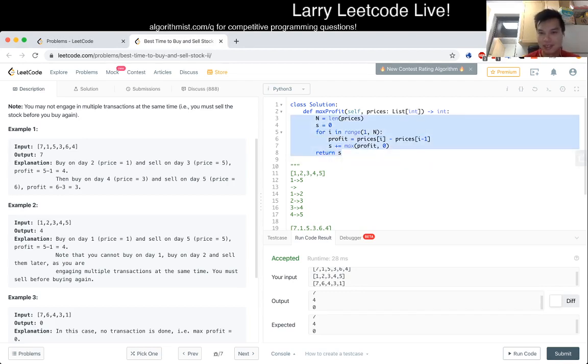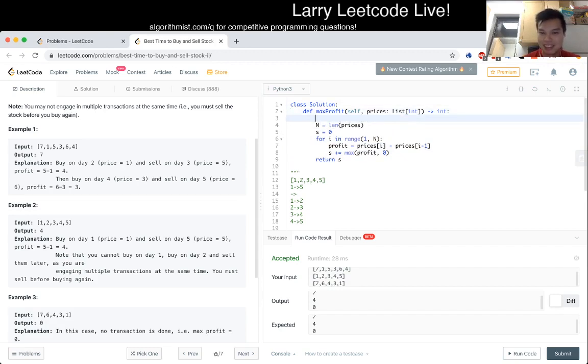Relatively, in that it is what I say it is. But I think the way that I would have tried to do it is in a one-liner. So you could do something like return the sum of max of, let's just call it x and y, for x, y in zip of prices.